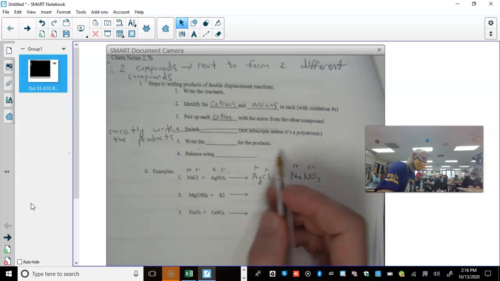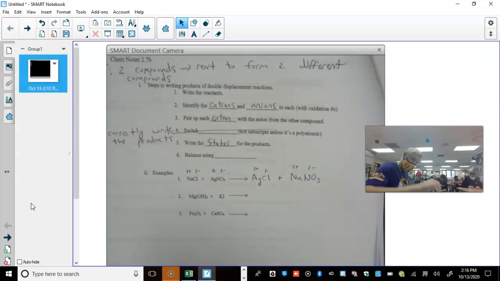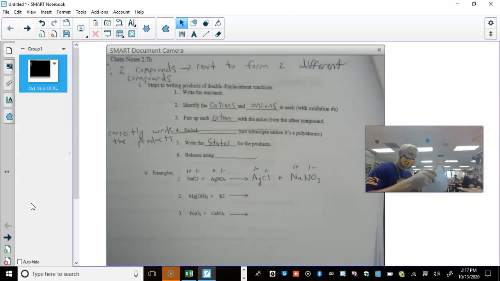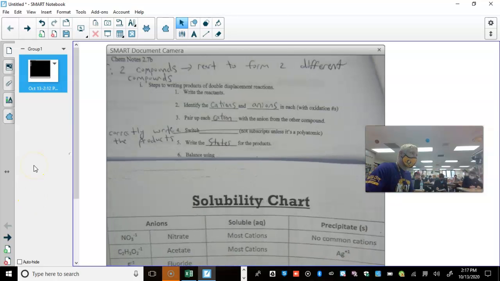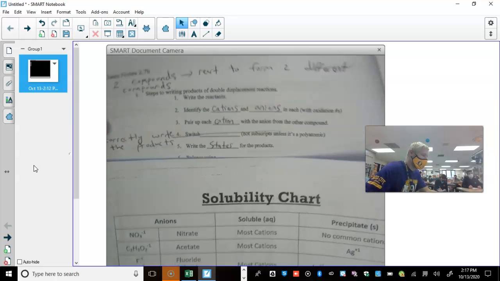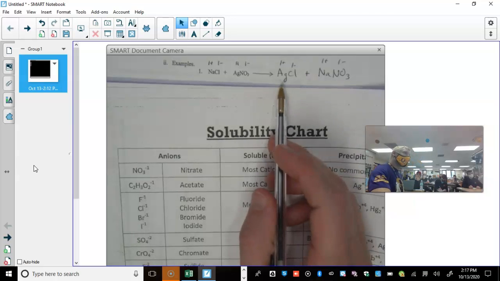You then want to write the states for the products. And that's going to be found on not your activity series, but your solubility table. And this is nice ACT practice because we're looking at a chart and using it to come up with some data. So I'm looking at silver chloride.